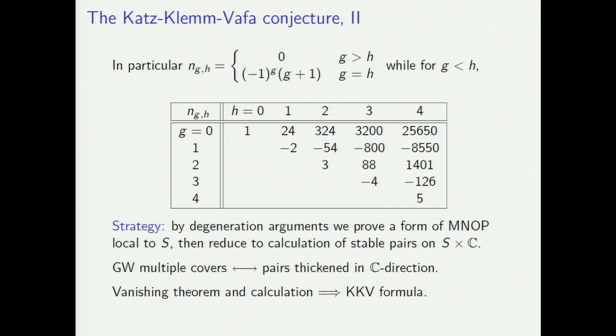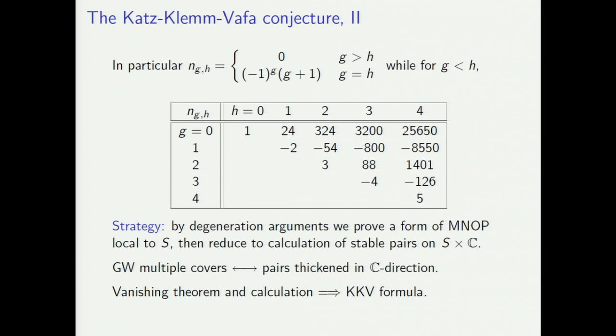And so what that will involve, finally, is that we will turn the Gromov-Witten theory problem into a stable pairs computation. So that's some kind of sheaf theory problem. And, you know, to first order, they look just as hard as each other. So the multiple covers in Gromov-Witten theory get replaced by stable pairs, which instead of lying on S, are kind of thickened in the C direction scheme theoretically.